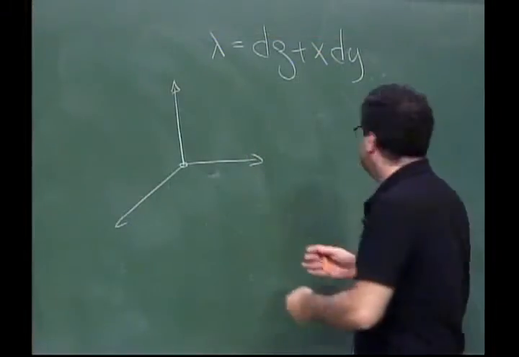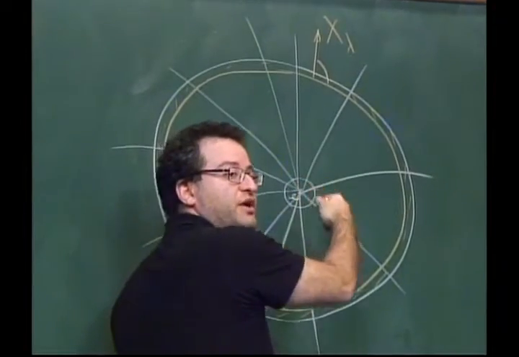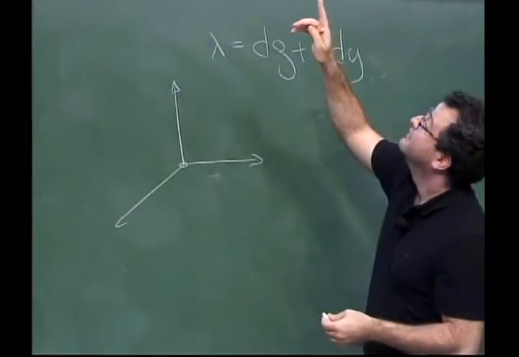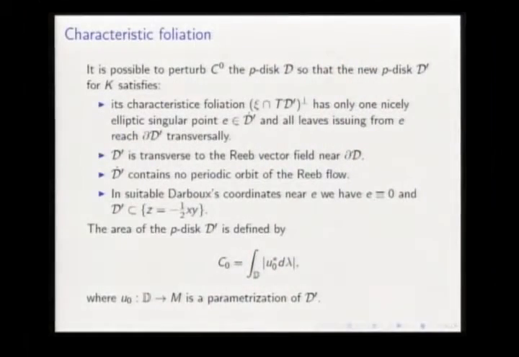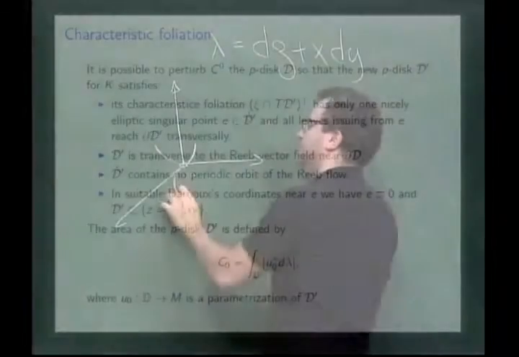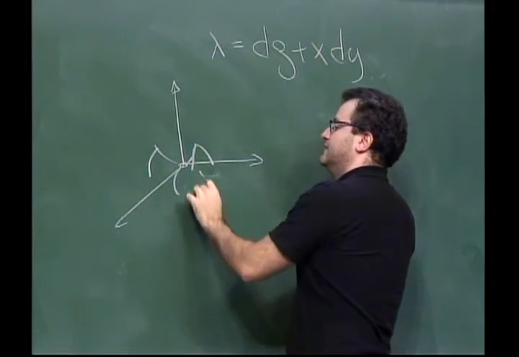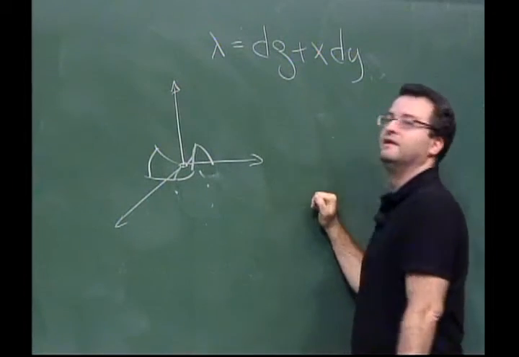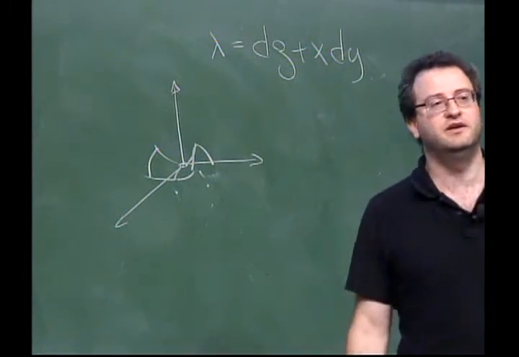And this disk, at least very nearby this point, corresponds to that surface, z = minus 1/2 xy, which here you're going to see something like a saddle. Just like a saddle.